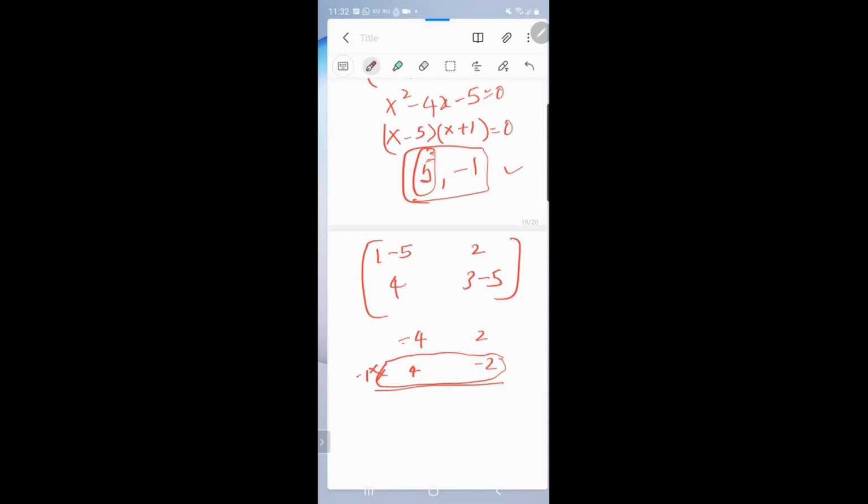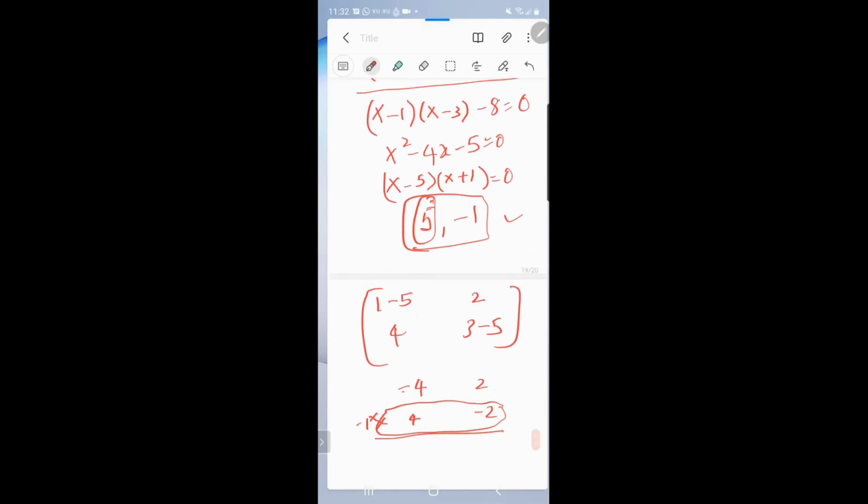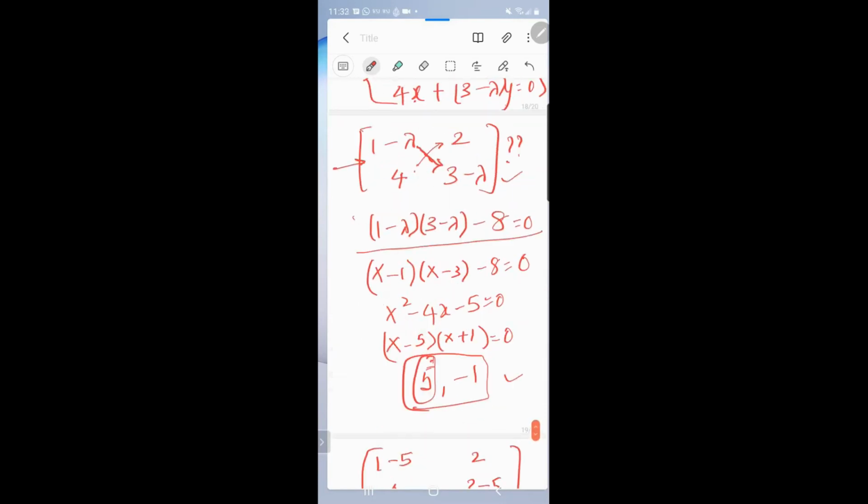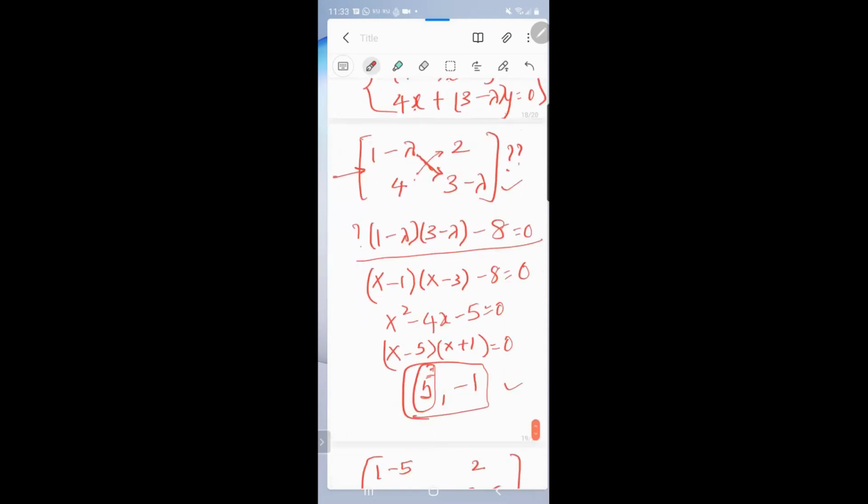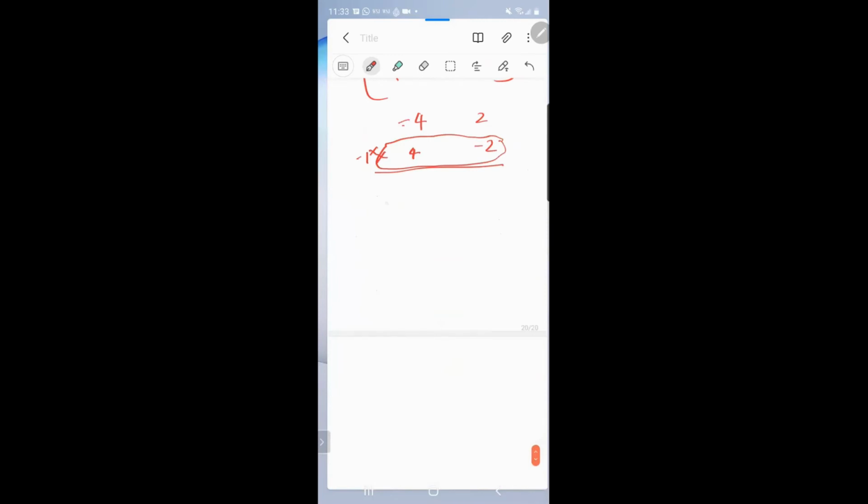Could you explain how you got the quadratic equation? So you mean this? Let's see. I have this matrix here: 1 minus lambda, 2, 4, and 3 minus lambda. I'm multiplying this with a point (x, y), and that's ending up at the origin, 0, 0.